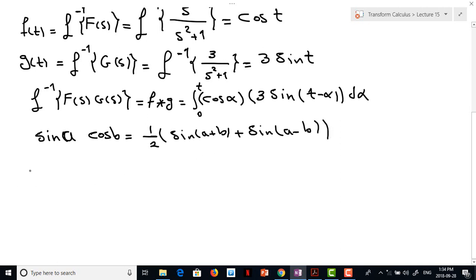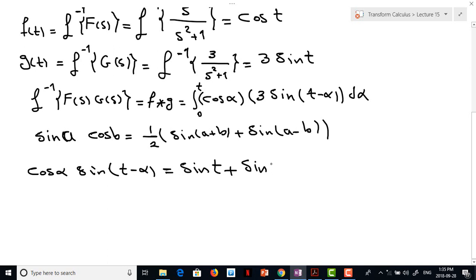As a result, cosine alpha sine (t minus alpha) is equal to sine (a plus b), alpha plus t minus alpha is sine t, plus sine (a minus b), so it's alpha minus (t minus alpha).